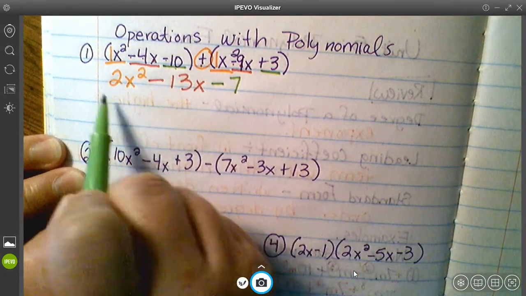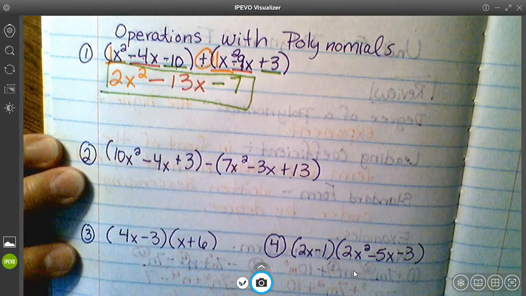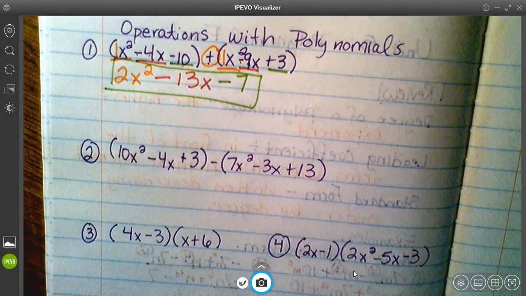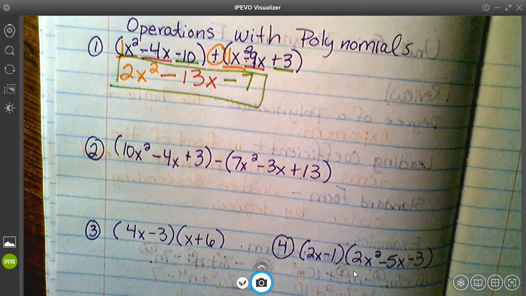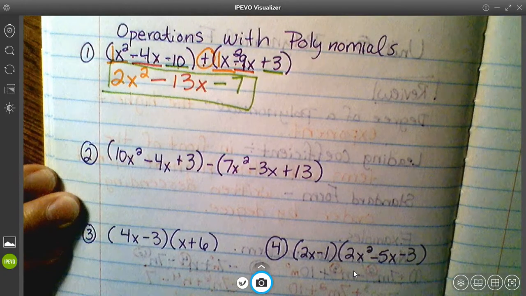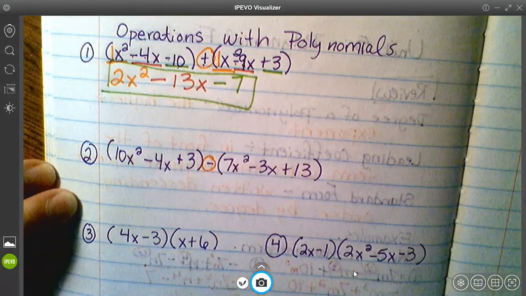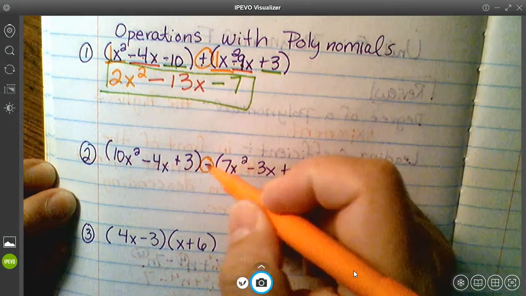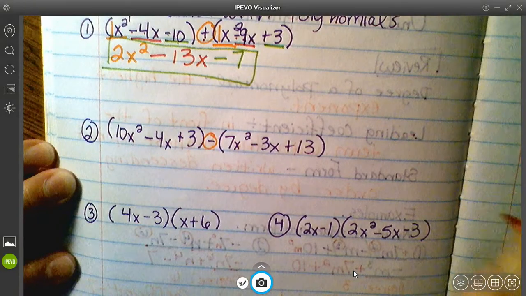This is already in standard form. There's no more like terms. There's nothing else to do. So this is my answer. Now the next one is a little trickier because here we see a minus sign. And what happens is you forget to subtract about halfway through, usually, even myself.